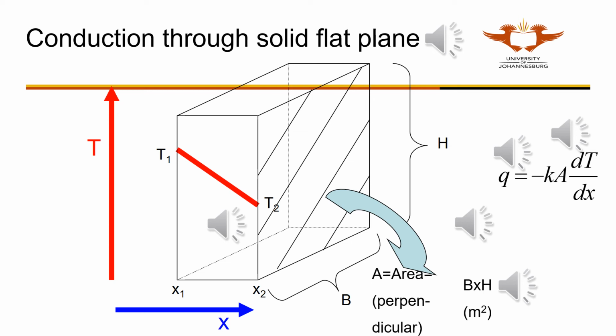This area of heat transfer, A, in Fourier's law as shown on the right, is constant from x1, where the temperature is T1, to x2, where the temperature is T2. It has the same value as the area you felt with the finger, and is equal to B times H.